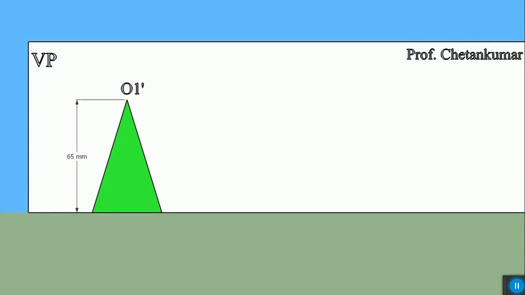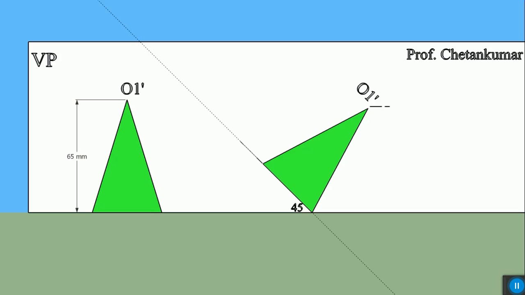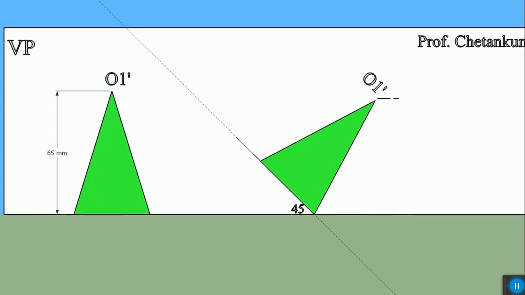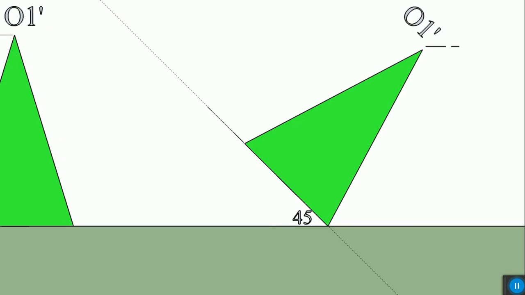In the second position, we will tilt the square pyramid in such a way that the base of square pyramid, that is ABCD, will be at an angle of 45 degree. When we measure the angle made by axis with respect to horizontal plane, it will be at 45 degree.